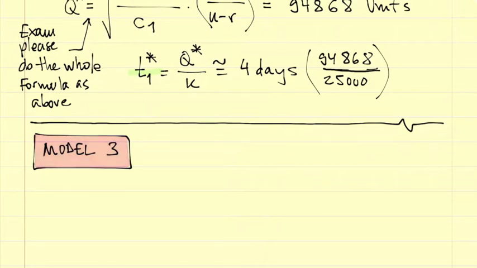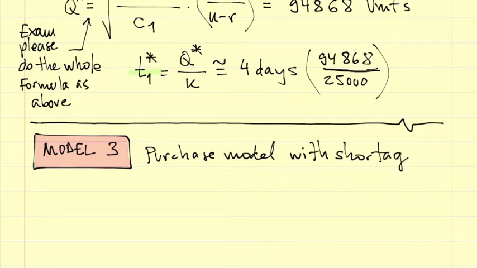So this is called the purchase model with shortages. And this models the situation in which shortages can occur. The company buys the product.